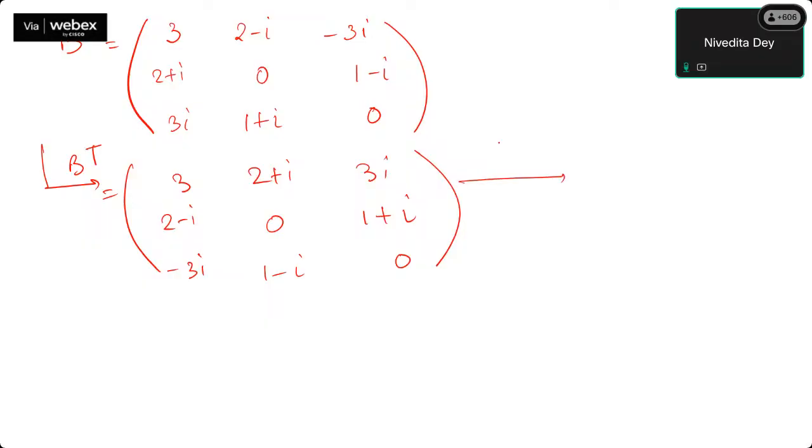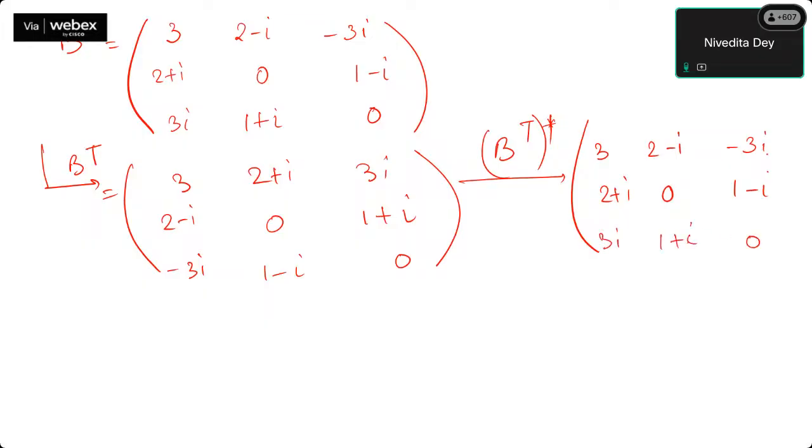Now let me take the complex conjugate of this. Then it will be 3, which is 3 itself, 2 plus i becomes 2 minus i, 3i becomes minus 3i, then this is 2 plus i, 0 is 0, this is 1 minus i, this is only 3i, this is 1 plus i, and this is 0.